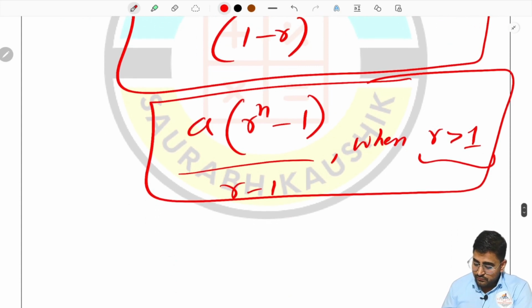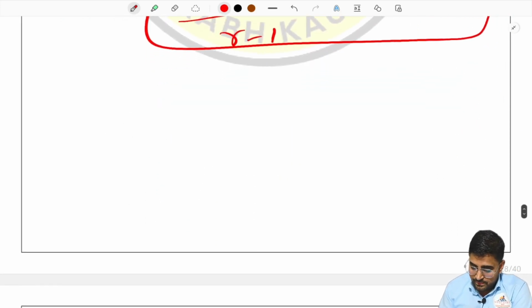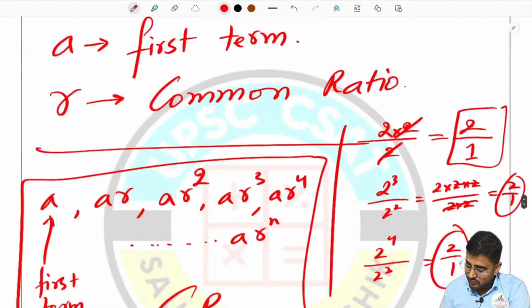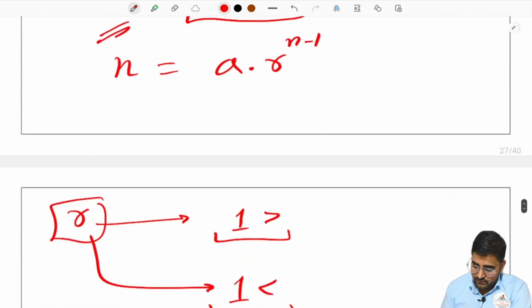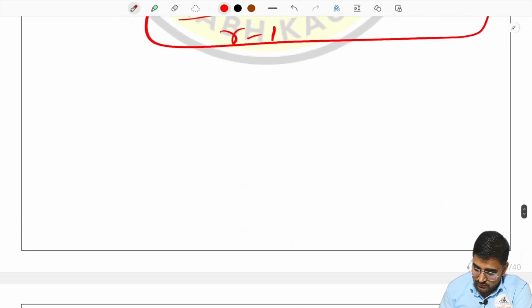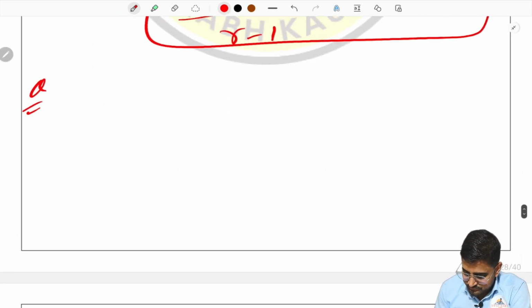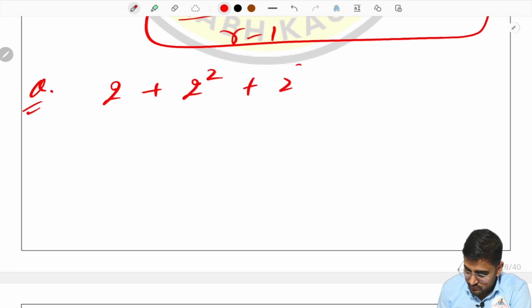Let us solve one question. This question only we will do, what I have written here: 2 plus 2 to the power 2 plus 2 to the power 3 plus 2 to the power 4 and so on, up to 2 to the power 10.